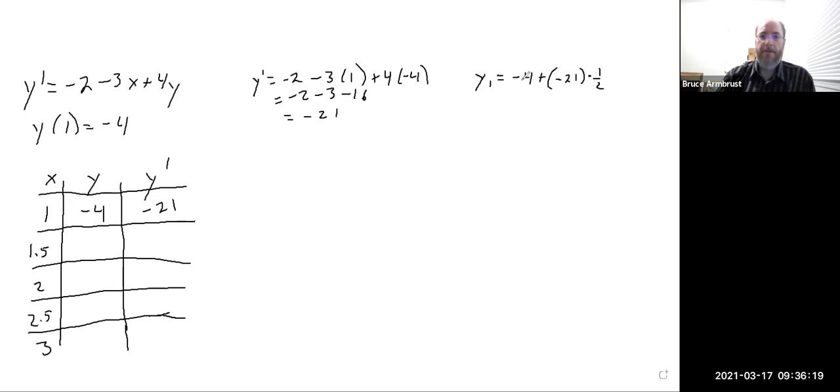So the -4 is where we were. The -21 is the slope we found. And then the 1/2, that's our step. Actually, I'll make it clear as day because we were told our step was 0.5. So maybe I'll just write it like that.